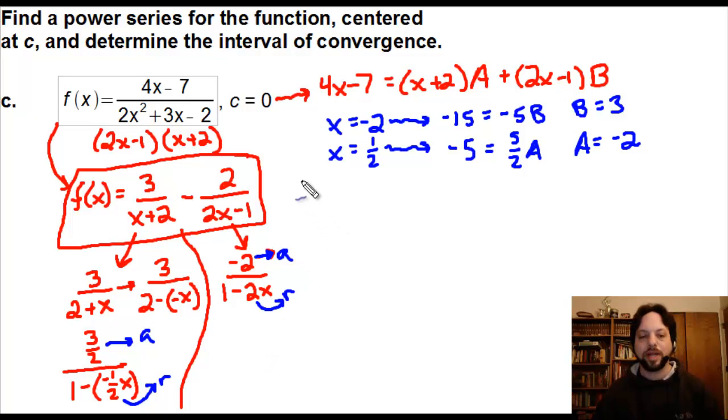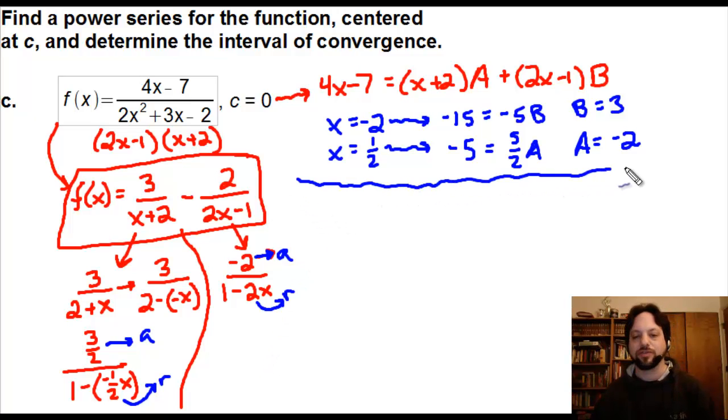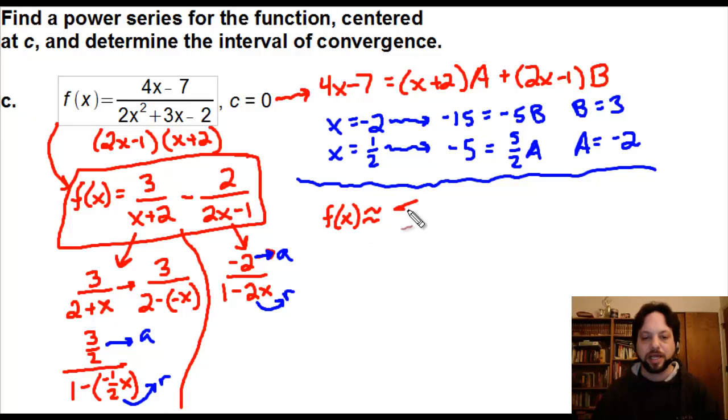So what is my power series for this going to look like? I argue that our original function f of x can be approximated by the sum from n equals 0 to infinity of my first series, which if I do a times r to the n power, that's simply going to say 3 halves times negative 1/2 x to the n power.